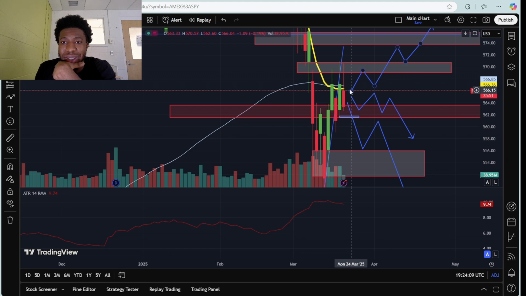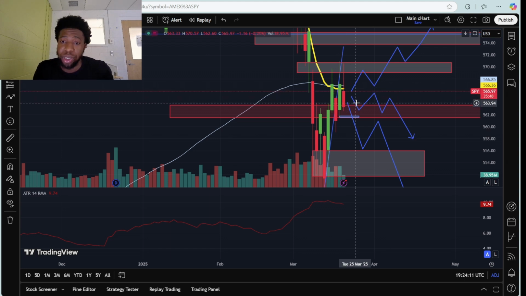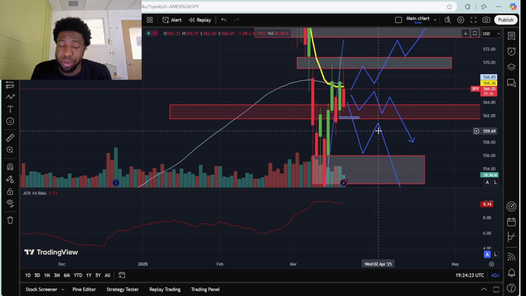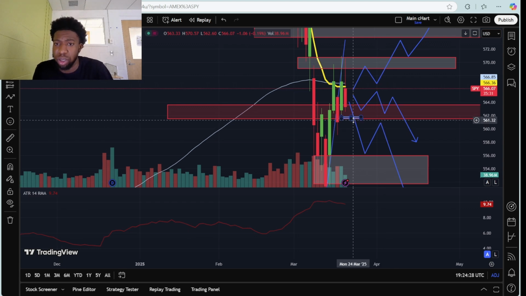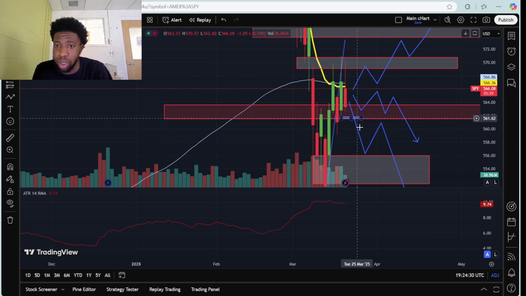Yeah, that's still bearish. I guess it really depends on where the market closes today or where the market opens. I do think this looks pretty negative, pretty bearish, quite frankly. I do think from this it will continue to dip.